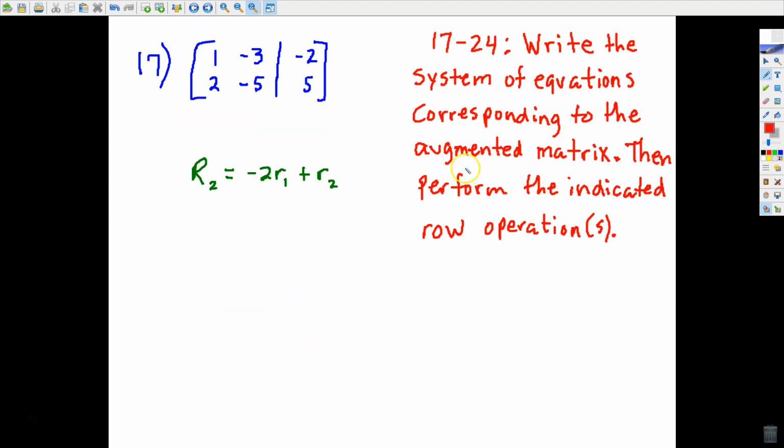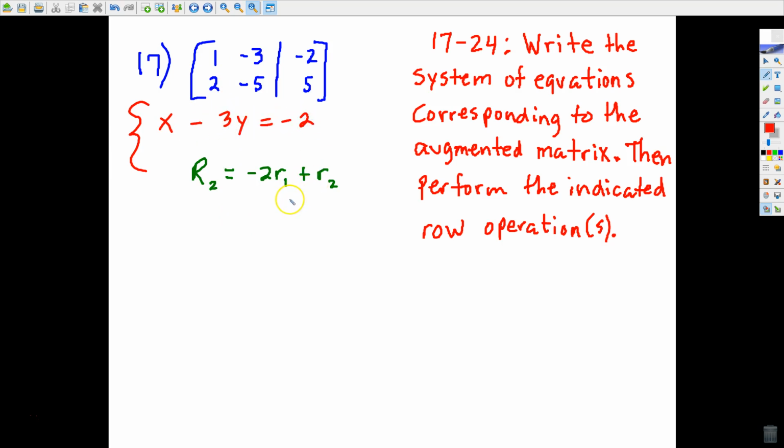Okay, then you get to the next block of problems, and your directions will change, and I just copied them down like they appear in your book. Write the system of equations corresponding to the augmented matrix. So we'll just do that first sentence first. That would be this system. We have 1x minus 3y equals -2.